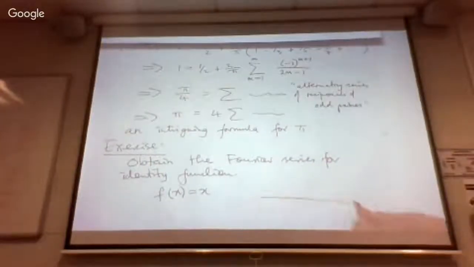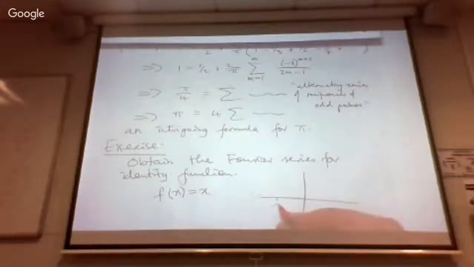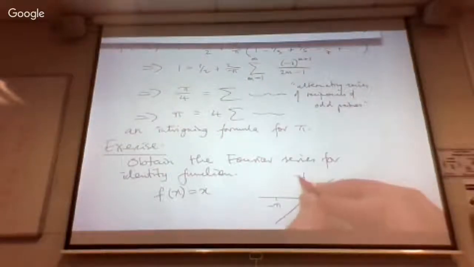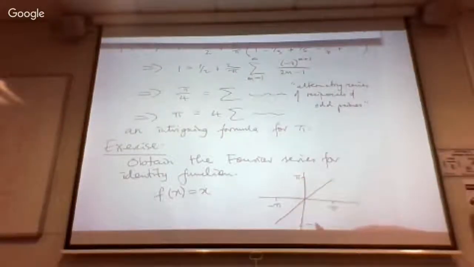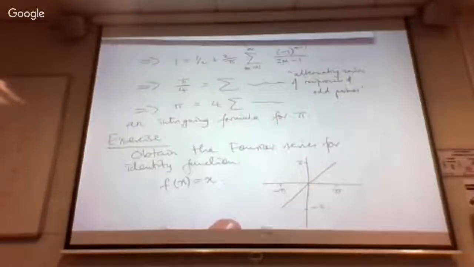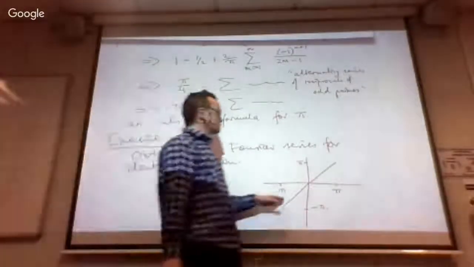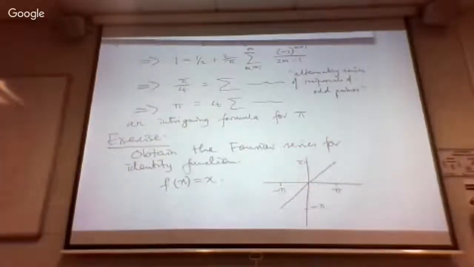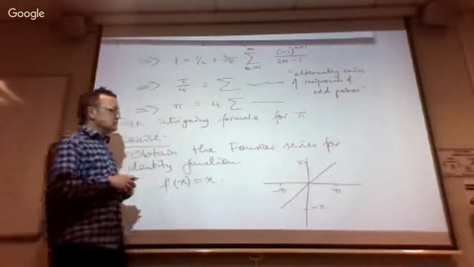This is the function on minus pi to pi, the value x. It's a straight line graph. So you can calculate its Fourier series as well. You can go through it the same way as we did the square wave.